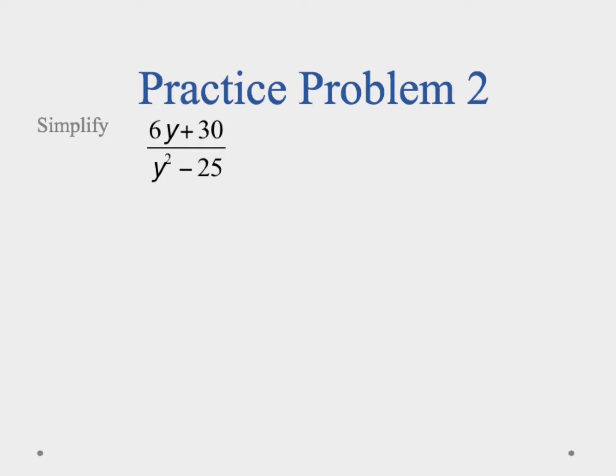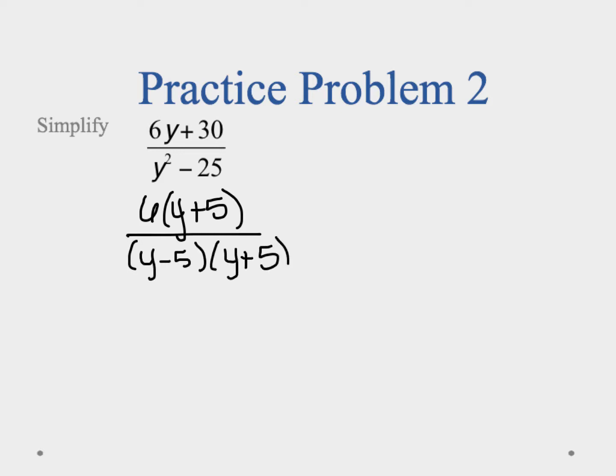Practice problem number 2. Simplify 6y plus 30 divided by y squared minus 25. Okay, so 6y plus 30, I see a 6. Factor out a 6 and I get 6 times y plus 5, divided by y squared minus 25. That's a difference of squares. So I have y minus 5 times y plus 5.